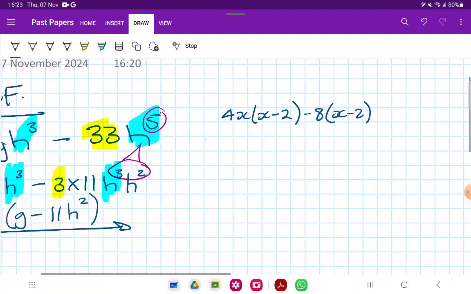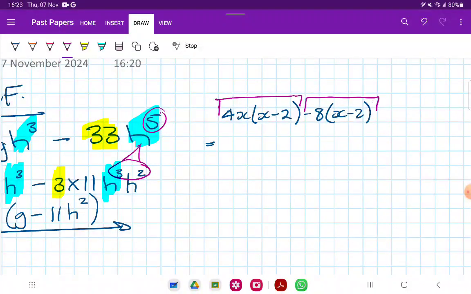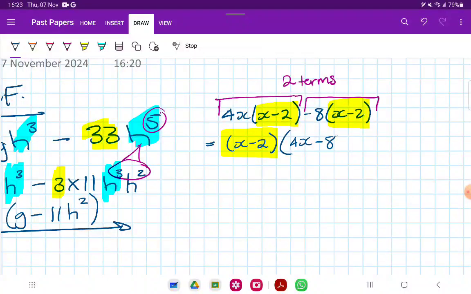So in this one, if you remember, this here consists of 2 terms, okay? And inside each term, we have an identical bracket. This bracket is the same as that bracket. So I can take out the bracket, which ends up being x minus 2, and what's left goes into a new bracket, which is 4x minus 8, what I did not touch.